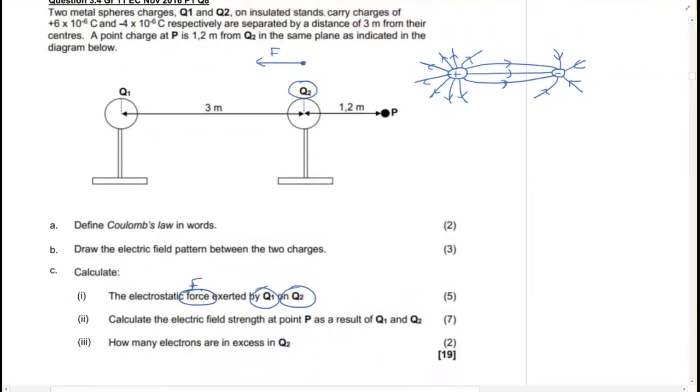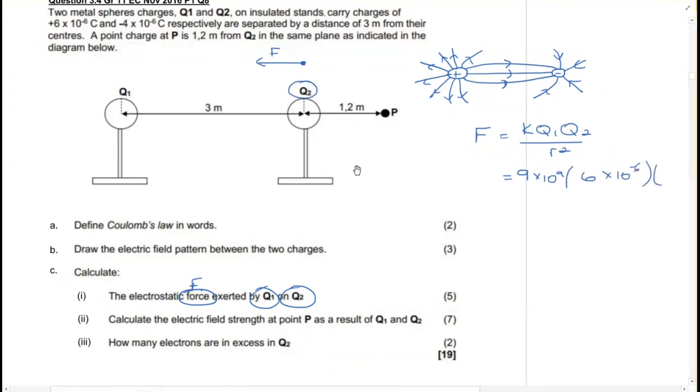Okay. Oh, we need the values. So we've got force is equal to K Q1 Q2 over R squared. K is 9 times 10 to the 9. Q1 is 6 times 10 to the minus 6. Q2 is 4 times 10 to the minus 6.